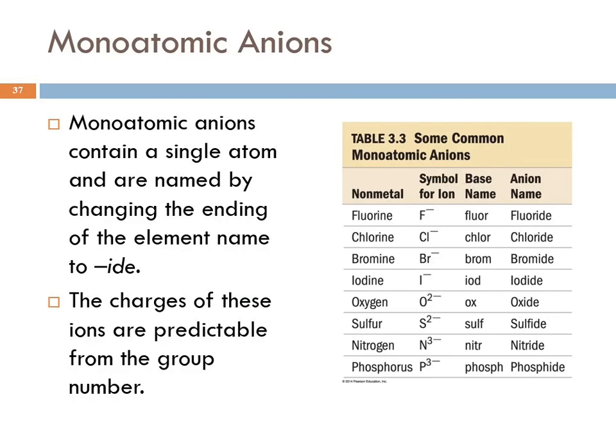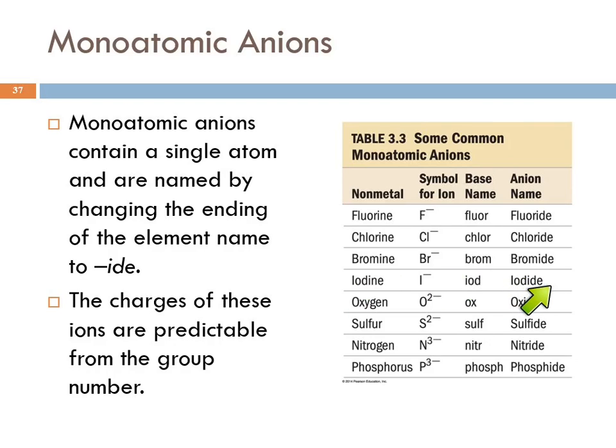What about the anions? Monoatomic anions. Just a single atom. These are all going to be nonmetals. And we learned about their charges and how we can predict them from the periodic table. What about the names? The names are formed from the element name. We take the ending off and we change it to "ide." So fluorine becomes fluoride.